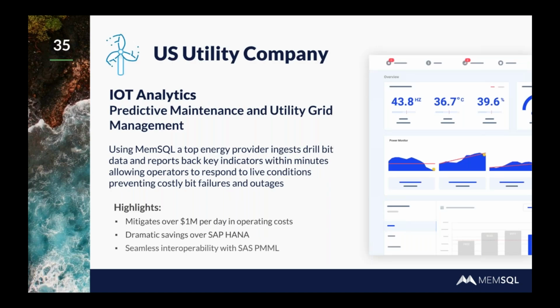We also had a really interesting deployment with a US utility company. You would call this maybe a traditional IoT analytics use case where they're looking to measure and monitor their equipment, whether these are equipments that are used to drill and explore in the energy space, or equipment that's used to essentially provide smart meter services, so measuring consumption of energy resources.